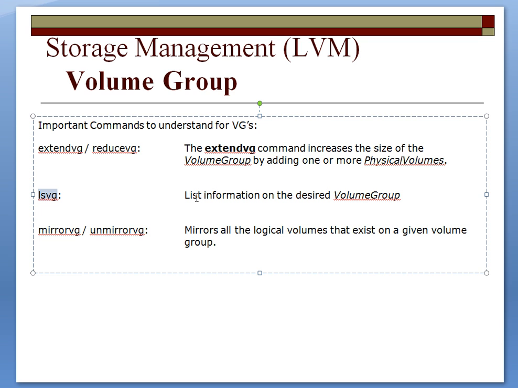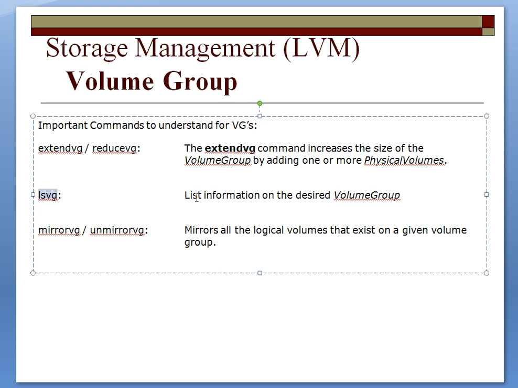So if you need to replace a disk, for instance, you first need to remove all the data off that disk, one way or another, and then do a reduce VG on that disk. Mirror VG and unmirror VG are very straightforward.